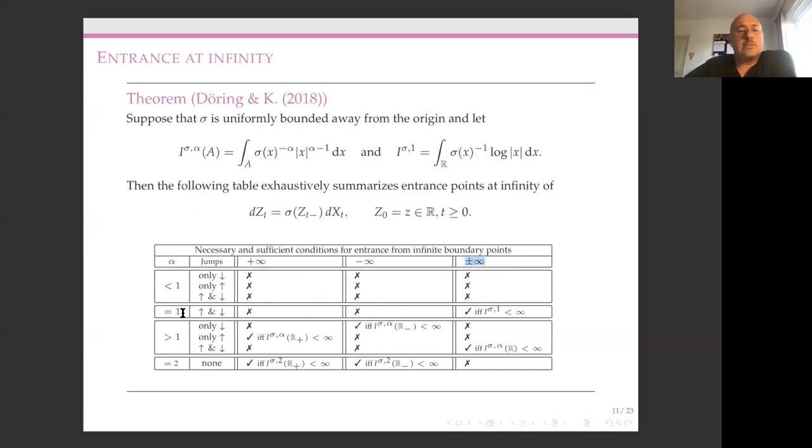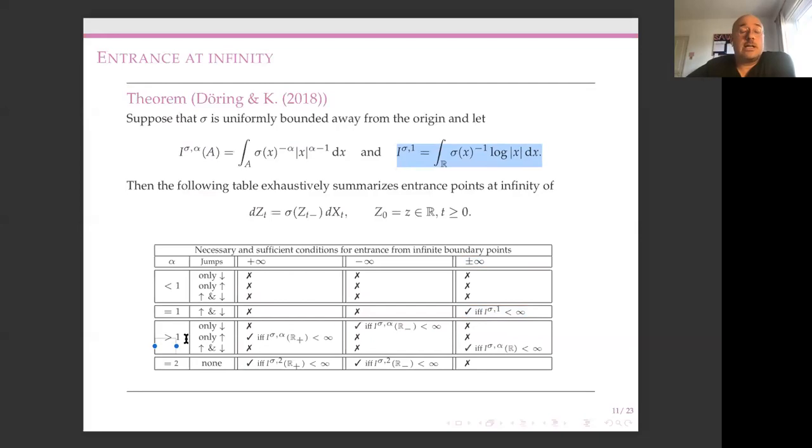Once alpha is 1 or greater than 1, then we start to see some action. So we can enter at plus minus infinity if and only if we have an integral test. Here it is up here at the top. Okay, so we get this log term. So it's a bit like Feller's, except we get this log term, and that's special to the case alpha is 1.